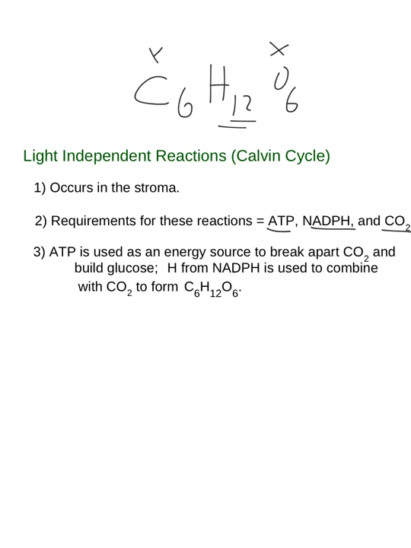You've got NADP, which can be used over again, back in the light-dependent reactions. And once ATP uses its energy, it becomes ADP, which again can be used in the light-dependent reactions. So the two sets of reactions are actually connected.